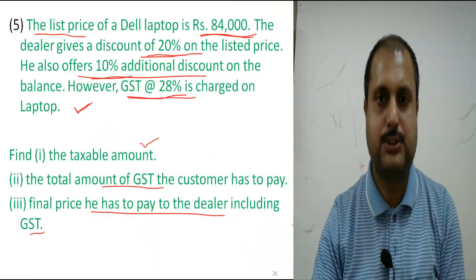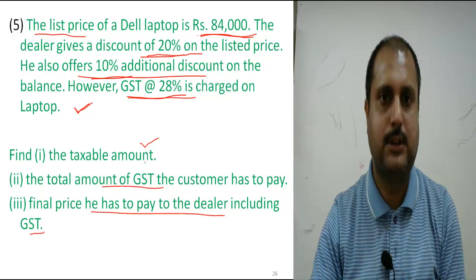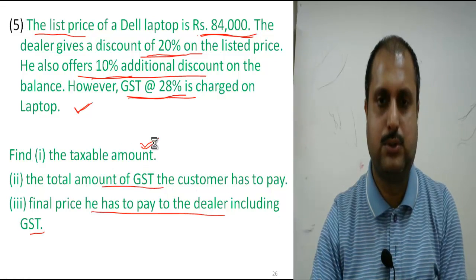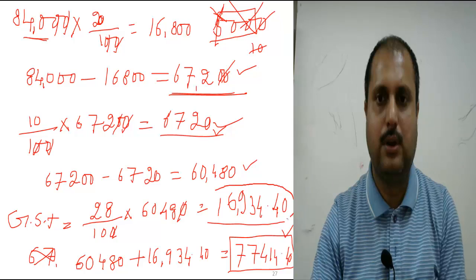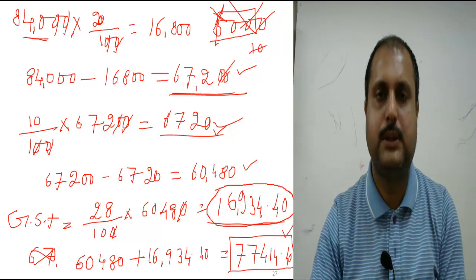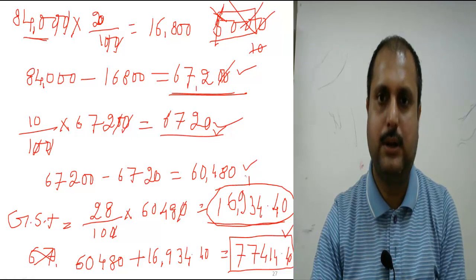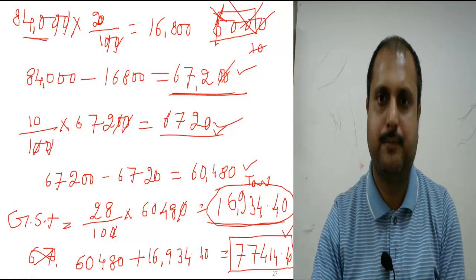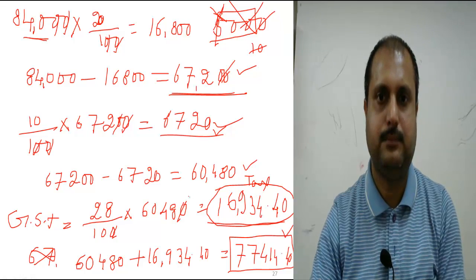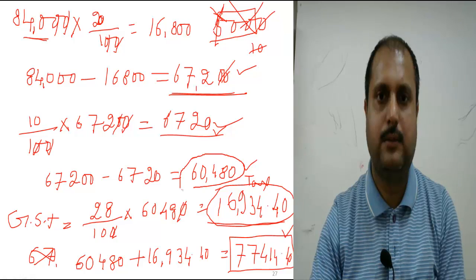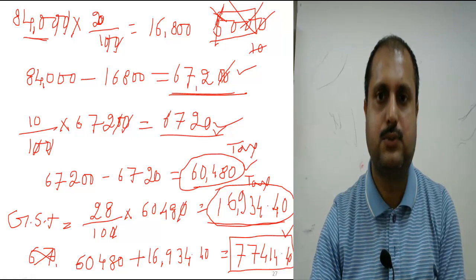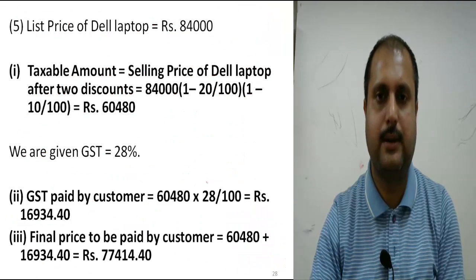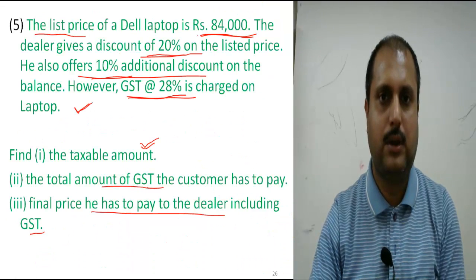Now what is the question asking? The question is asking the taxable amount. The taxable amount would be 60,480.